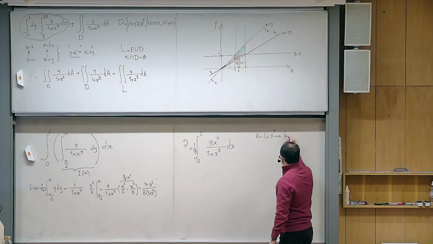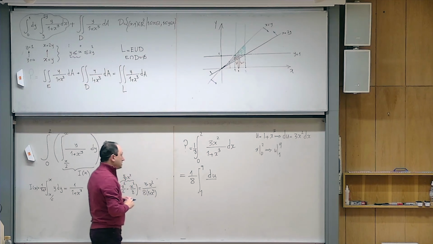So the question mark is 1 over 8 integral, instead of 0 to 2, I go from 1 to 9. Instead of 3x squared dx, I simply put du. And instead of 1 plus x cubed, I just simply put u.